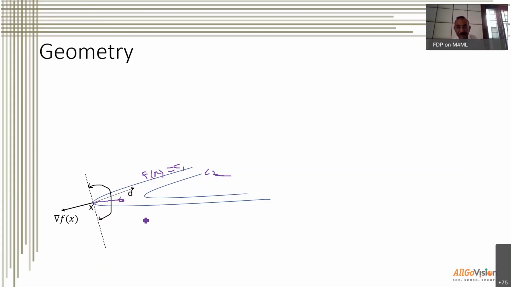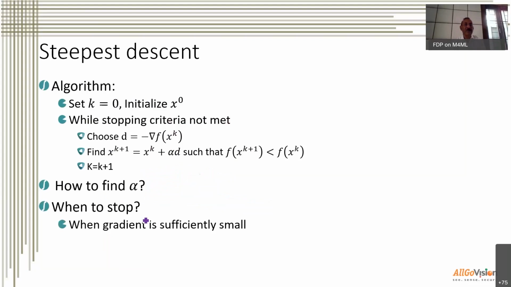Now let's try to put the method together. Okay, so what is the algorithm then? As it emerges, I set the number of iterations k to 0 initially and initialize to some point x0. And while the stopping criteria is not met, we'll talk about it, what do we do? We choose some direction d, which is minus del f evaluated at xk.